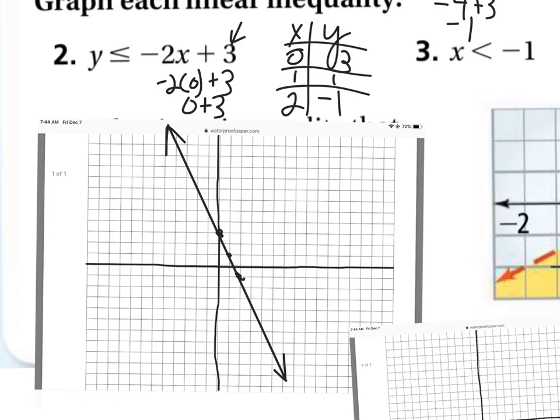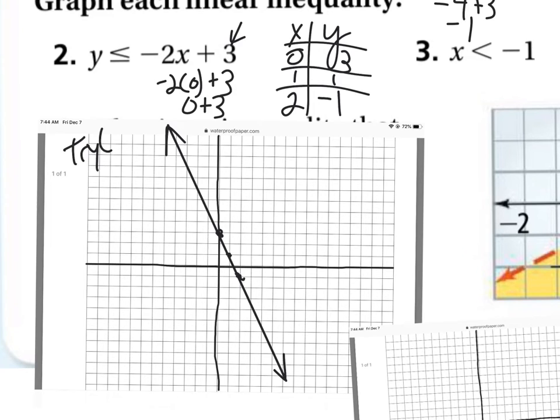Put arrows on both ends. Fortunately, this was less than or equal to, so we do a solid line. If it's a dotted line, you can use a ruler, draw the line, and then just erase a little bit of pieces in between to make it dotted. So this line doesn't go through 0, 0, so we can test that point.